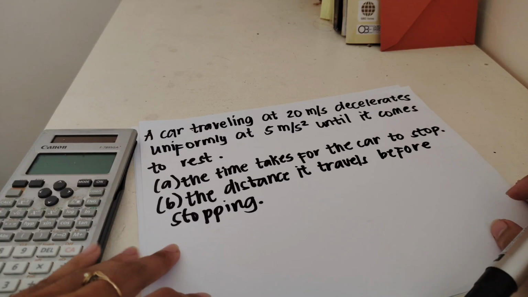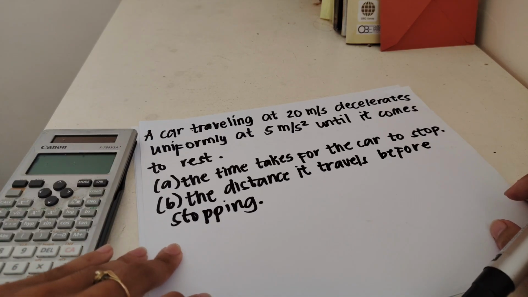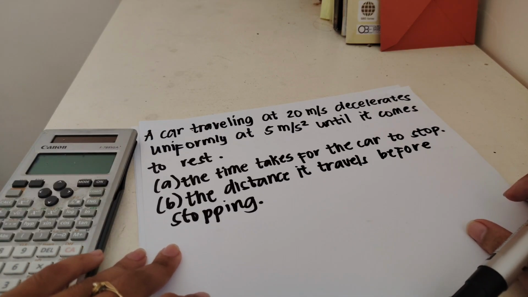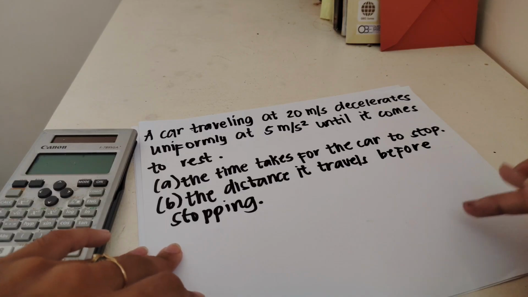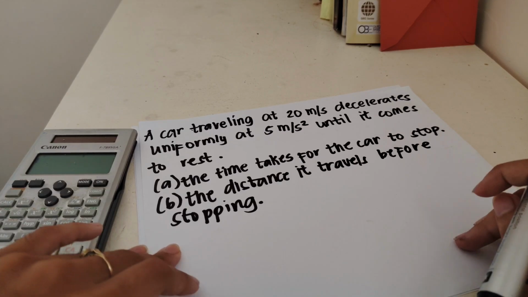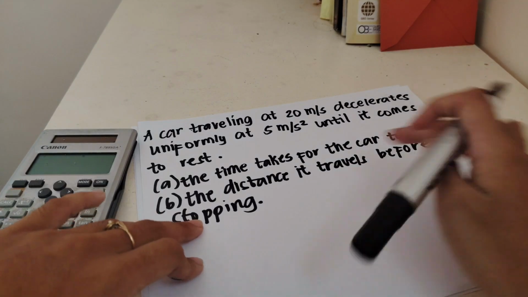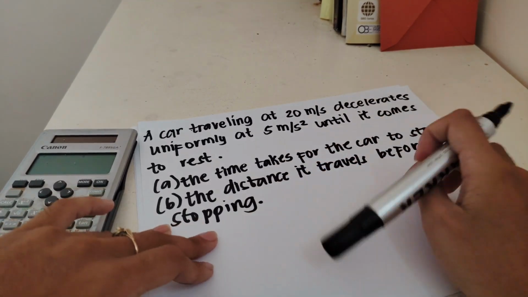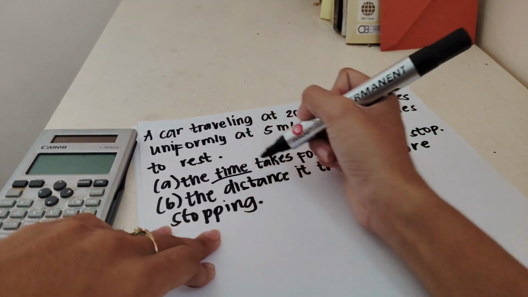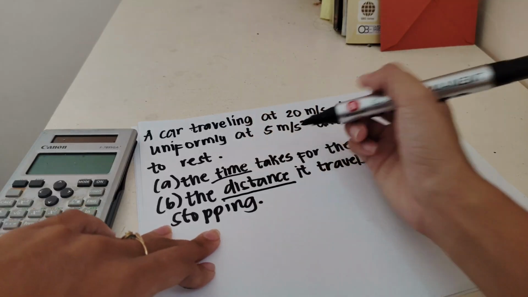So a car traveling at 20 meter per second decelerates uniformly at 5 meter per second squared until it comes to rest. Find the time it takes for the car to stop and the distance it travels before stopping. So the first one we will find the time, and then the second one we will find the distance.